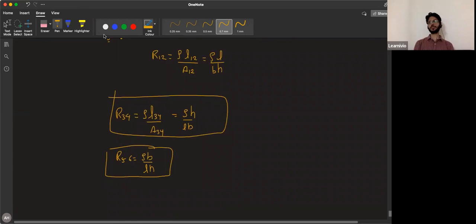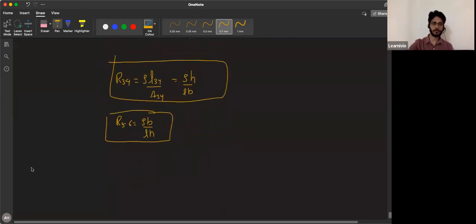Okay, the next type of questions will be based on drift velocity, relation between current and drift velocity, current density, and mobility. It will include all the next type of questions.